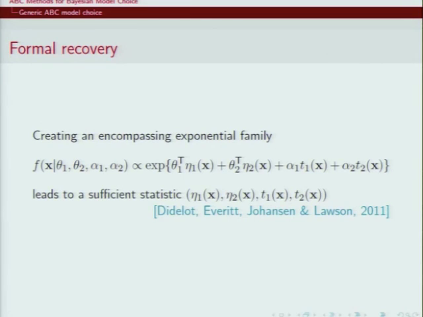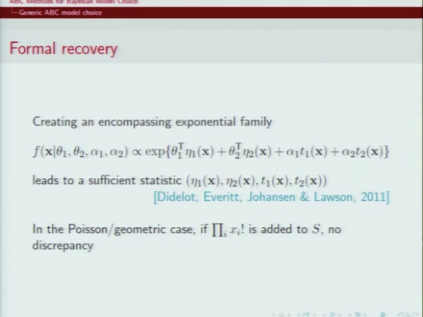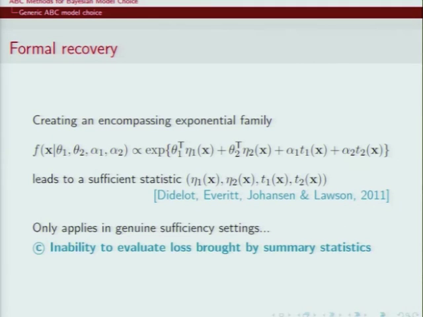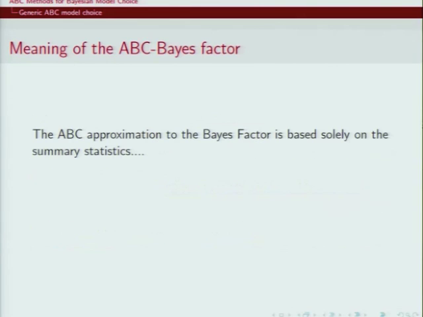The Bayes factor based on eta 1, eta 2, T1, and T2 is then the same as the Bayes factor based on the whole data set X. But of course, that's a specific case that only occurs because of the exponential nature of both distributions. In the general case, we would not be able to find this embedding feature.